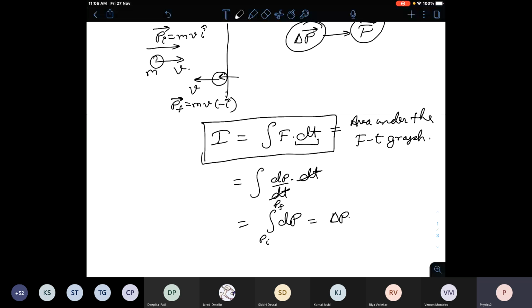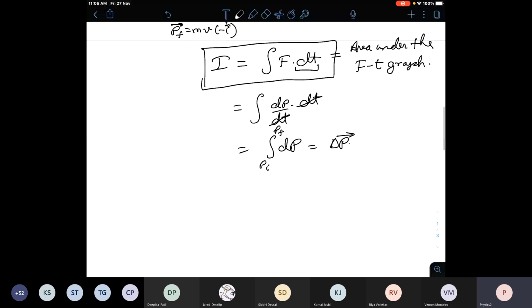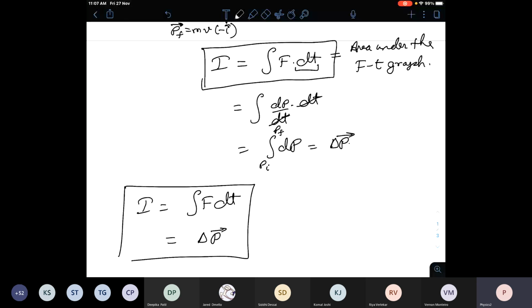So there are two methods to calculate impulse. One is integration F dt. If you have the F-t graph, calculate the area, and you will have your impulse. And second is to calculate the change in momentum, delta p. So these are the two methods to calculate impulse at any point, in any situation, at any instant.